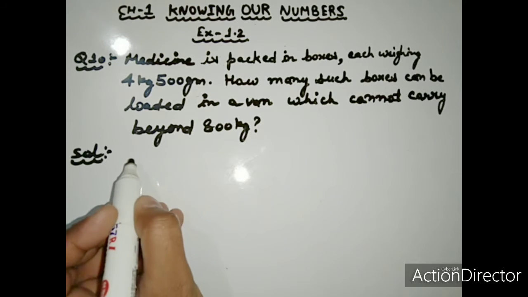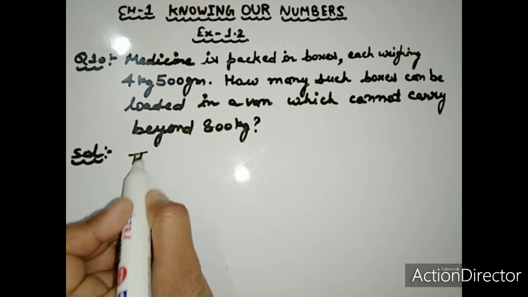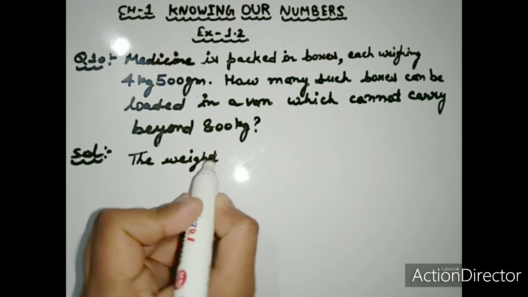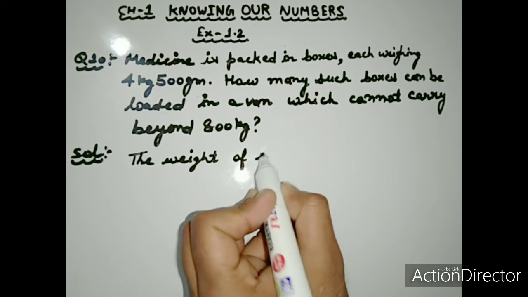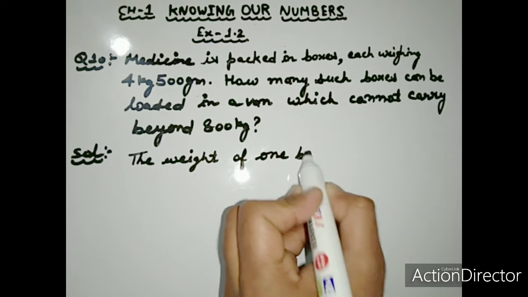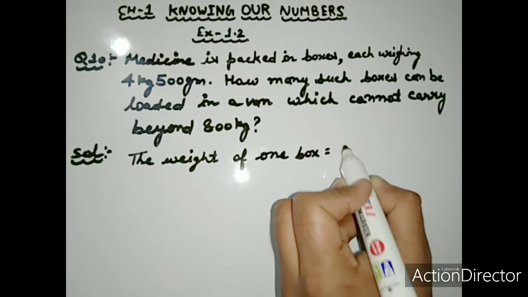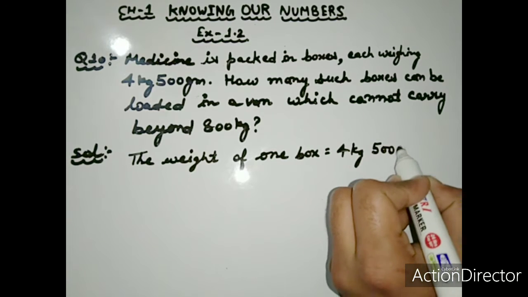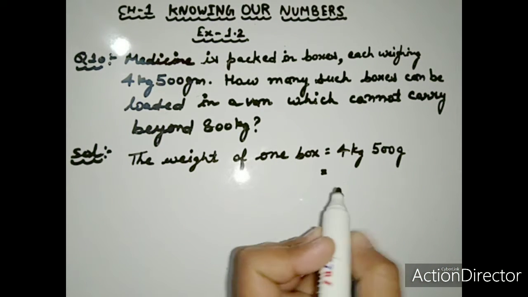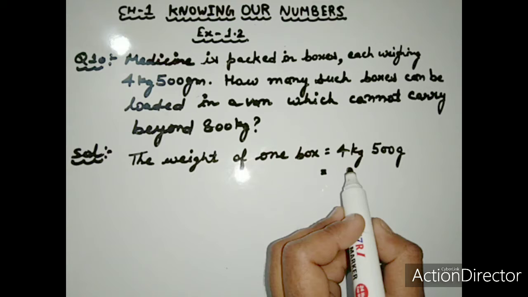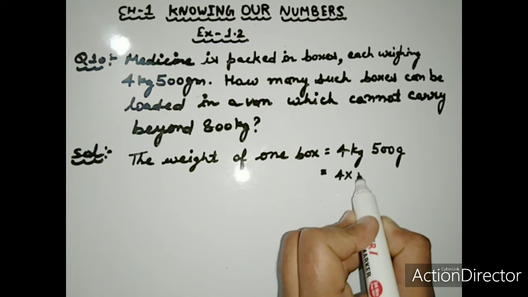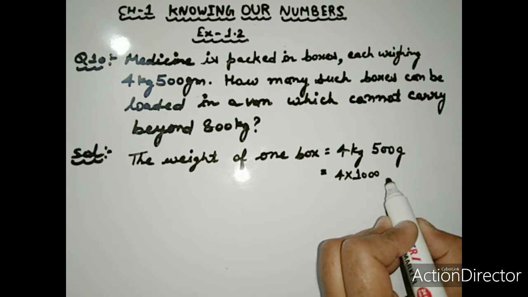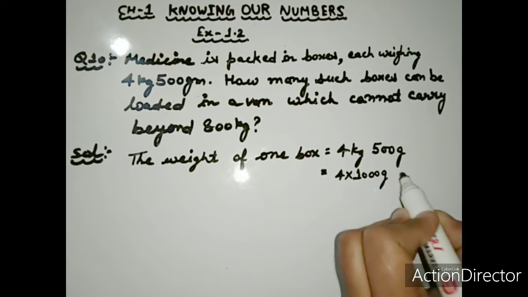So here we write the weight of one box is equal to 4 kilogram 500 gram. So when we convert kilogram into gram, here we multiply by 1000 because 1 kilogram equal to 1000 gram.